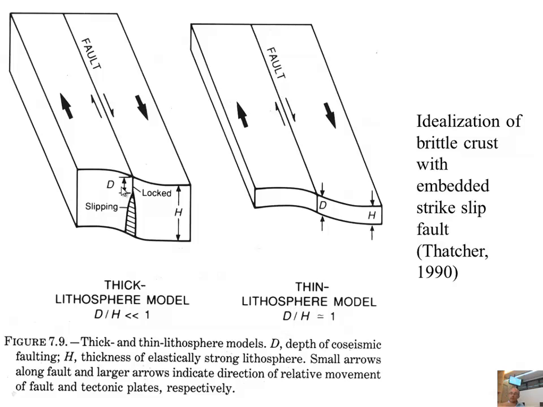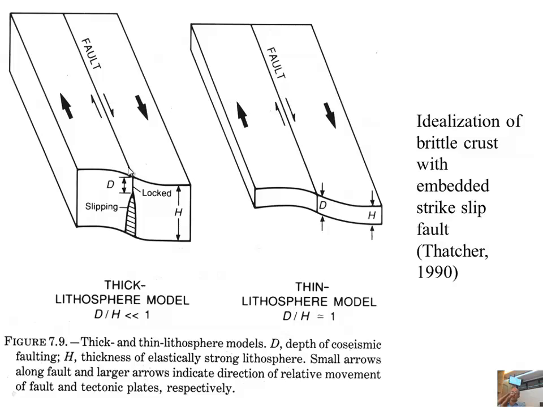earthquakes and earthquake cycles. And really, the way I like to think of it, the thick lithosphere model is the one that is more consistent with how you think the Earth works. So just look on the left here. If you have a fault, you can imagine the San Andreas fault, or the Great Sumatran fault.